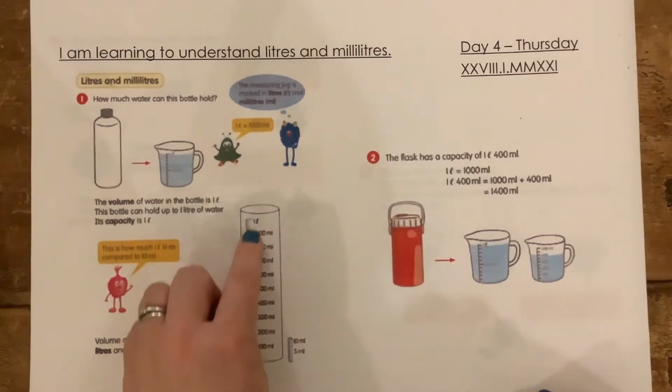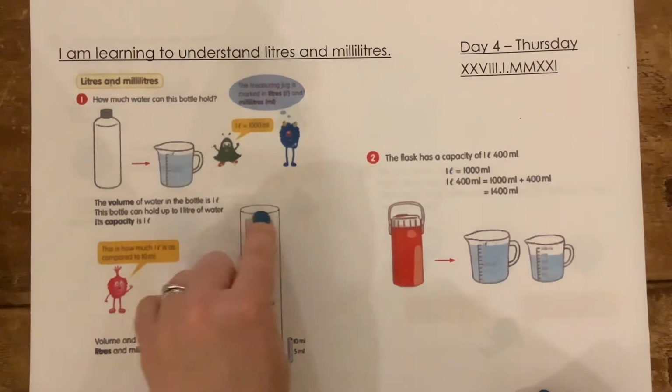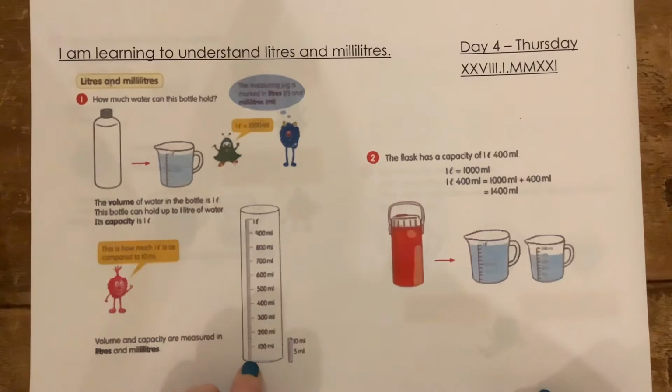We divide that by 10 and we know therefore that each of these represents 100 millilitres. 100, 200, 300, all the way up to 1,000, which is written as 1 litre because 1,000 millilitres equals 1 litre. We also have much smaller markings here, and again, there are 10 of them up to 100.